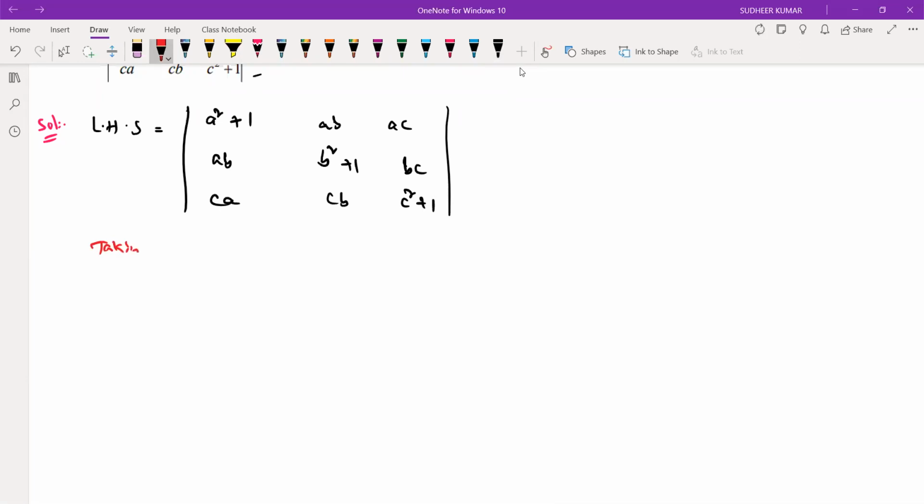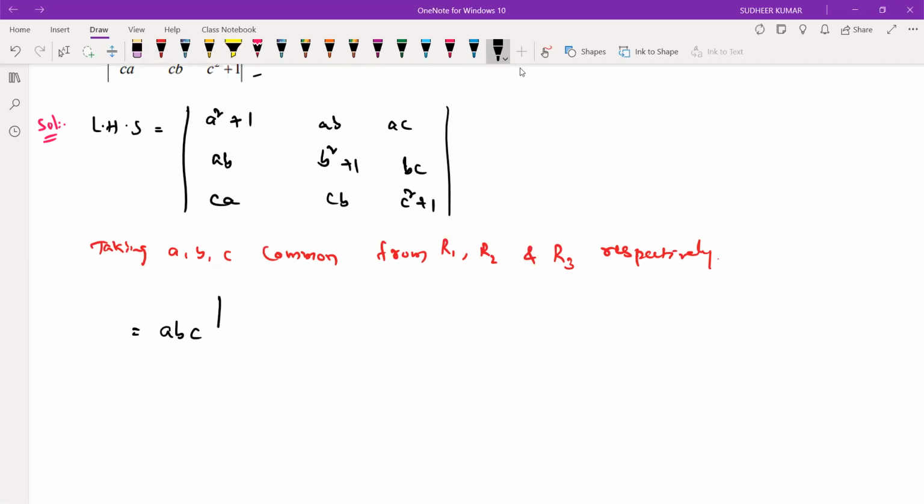So taking a, b, c common from R1, R2 and R3 respectively, we get this result. Take a, b, c common.